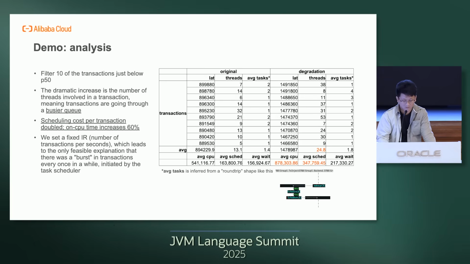And we can also look at how the backend behaves. There's a pattern in the backend that shows in the corner here. The backend is doing something on CPU, and it suddenly goes back to the injector, and then it goes back to the backend. So this pattern is likely coming from a worker that finished processing a task, and then wakes up the thread that's waiting on the task.